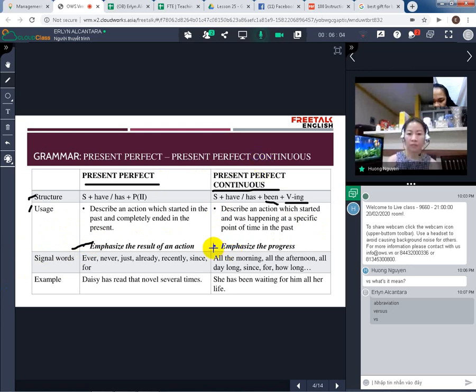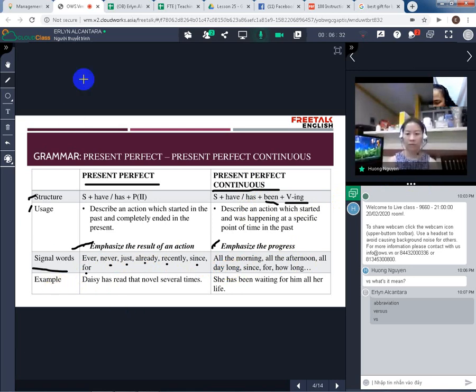Present perfect continuous emphasizes the progress. Signal words for present perfect: ever, never, just, already, recently, since, and for. For present perfect continuous: all morning, all afternoon, all day long, since, for, how long. Okay? And let's read our example.